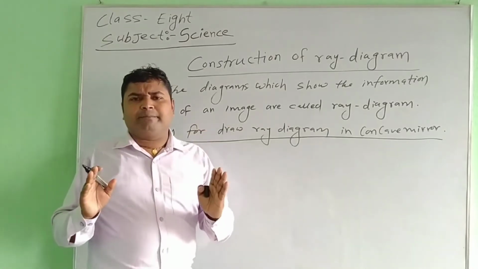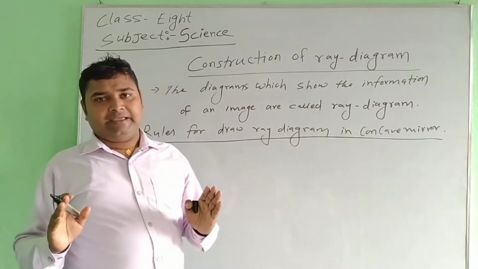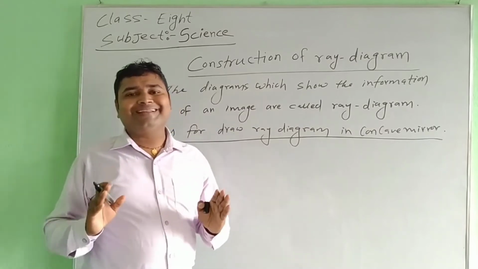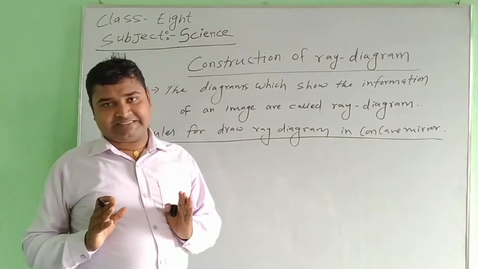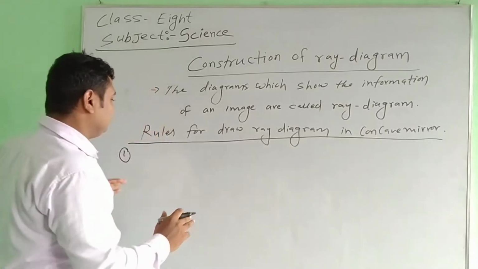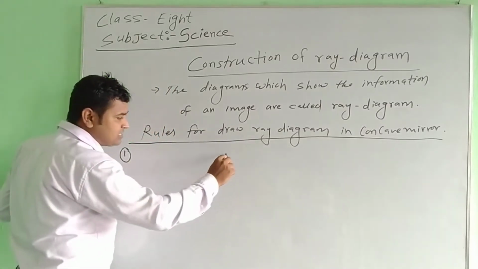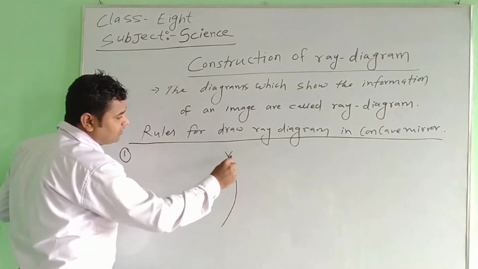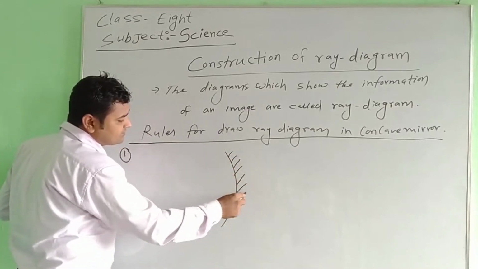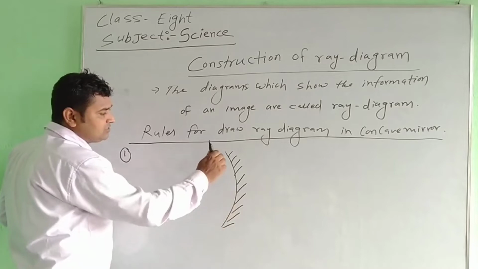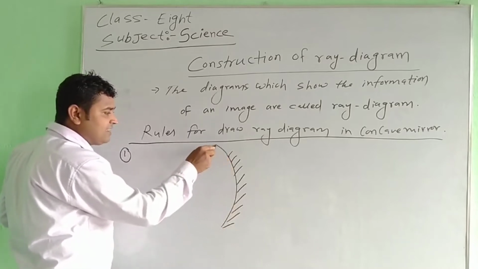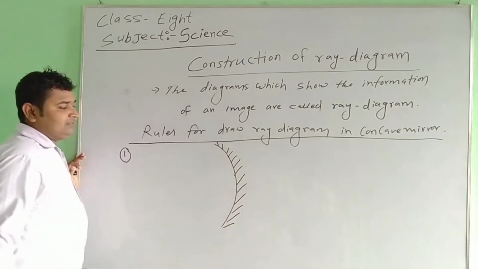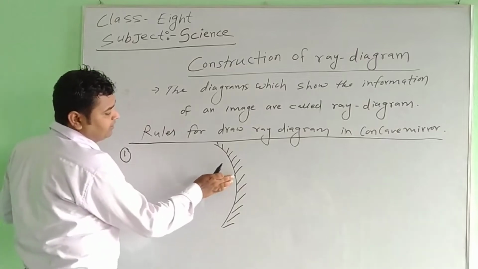Here, is this concave or convex? Concave, because the inner surface is the reflecting side and the outer side is polished. This is the concave mirror.